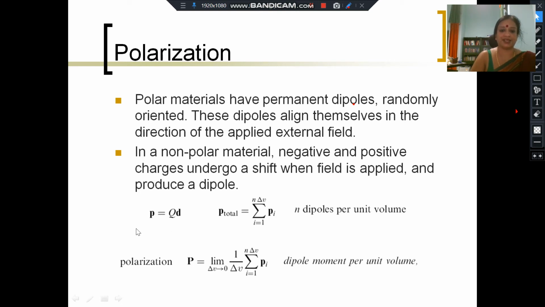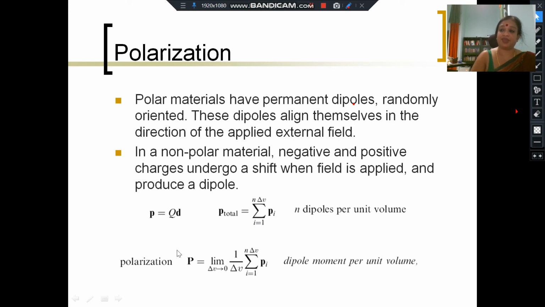So p, as I said, is the dipole moment, which is equal to q times l. The total polarization moment is the summation of all the dipoles per unit volume. So if you have n number of dipoles in a particular volume, then P total in that volume will be the summation of p_i, i going from 1 to n.